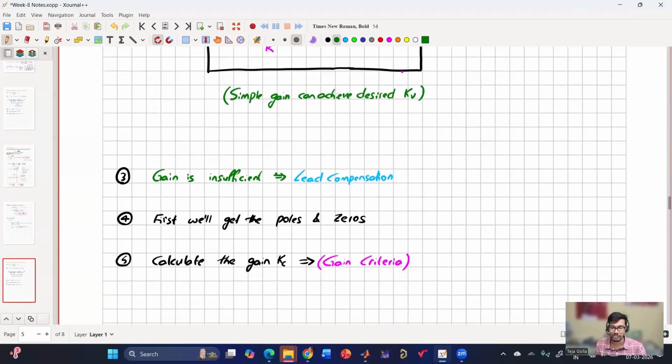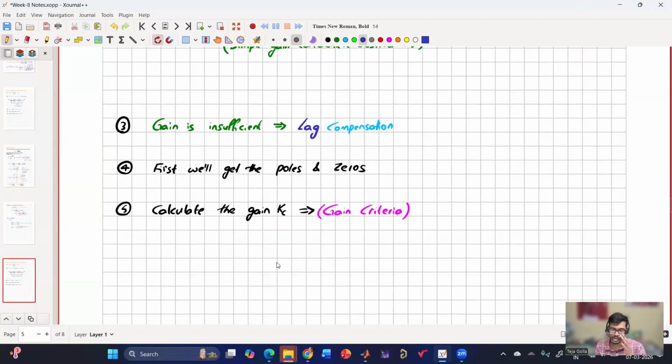What if gain is not sufficient? Here we will not be using lead compensation. Here we will be using lag compensation, because we have told lag compensation is to improve the steady state error, not the lead. So once we get the poles and zeros, then we'll calculate the gain KC again using the gain criteria. But here the formula is directly given, so we will not be needing the gain KC.